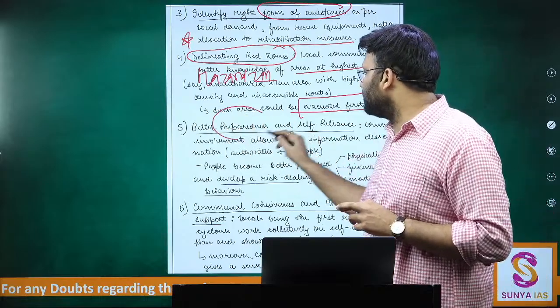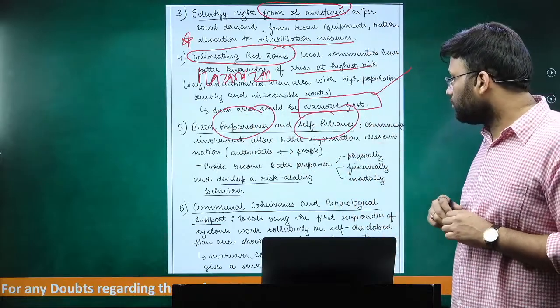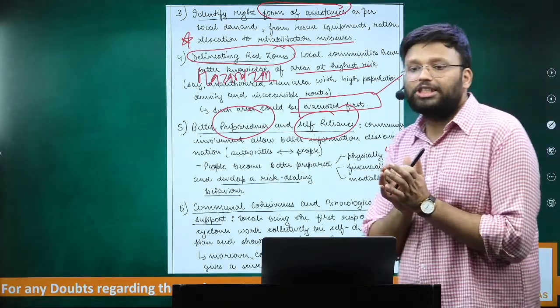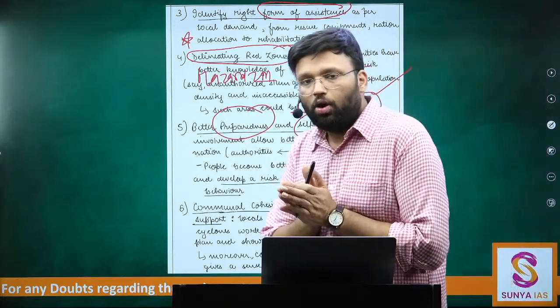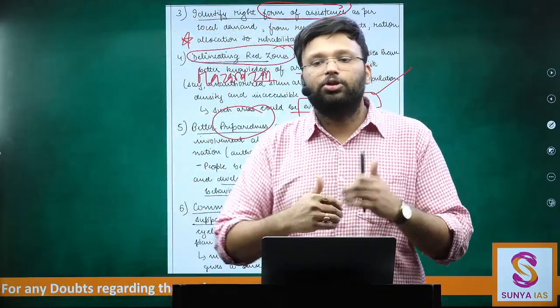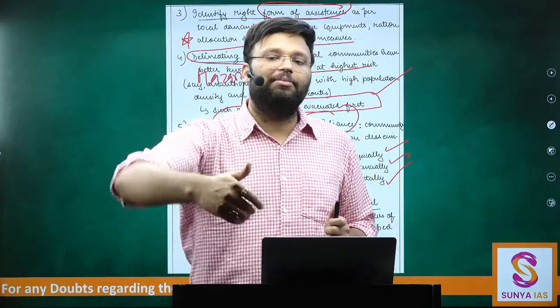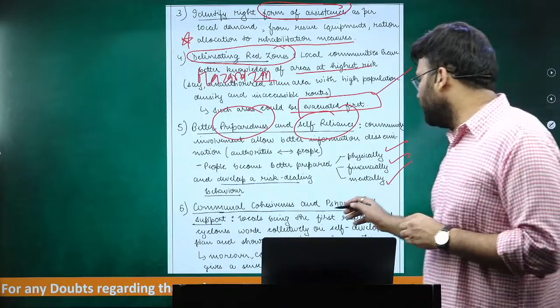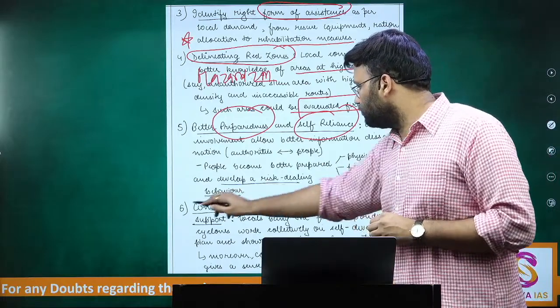Better preparedness and self-reliance. People become better prepared physically, financially, mentally. So just see how this copy is trying to break the problem into subparts. Even wellness, when it comes to individual wellness, is about physical, mental as well as financial, right. Communal cohesiveness and psychological support.